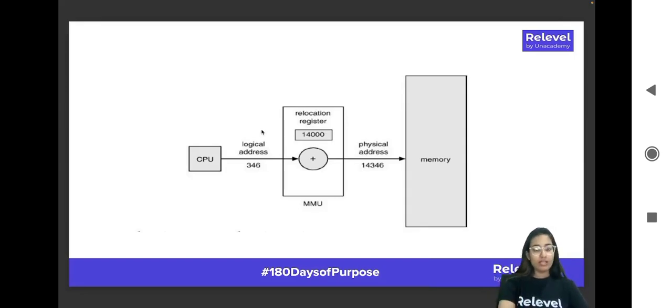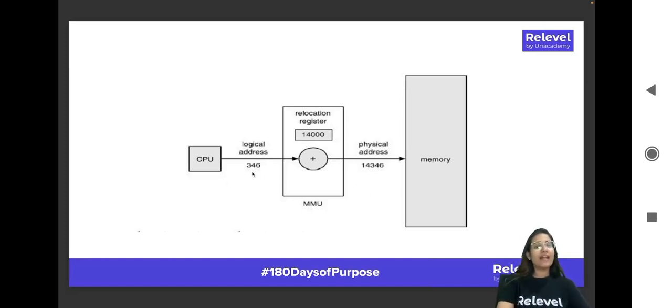The relocation register is a special register present inside the CPU itself, which is used to map the logical address used by a program to the physical address, which is actually in the system's main memory. The value in the relocation register is added to every logical address generated by the user process at the time when we convert it into physical address.